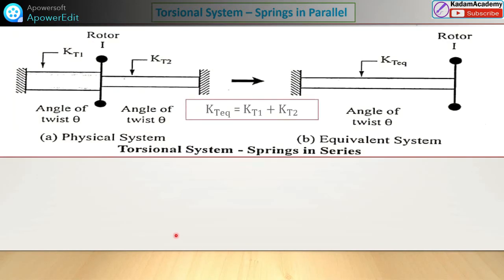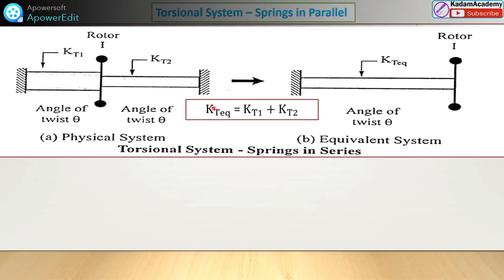And the torsional system is represented in the same way. In this case, the springs are in parallel. It is a similar case for the torsional system also. Here two shafts are there with an angle of twist, using this rotor. The rotor is rotating with KT1 and KT2 as their stiffness.